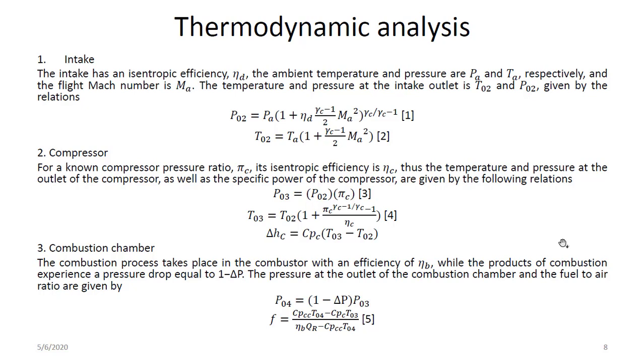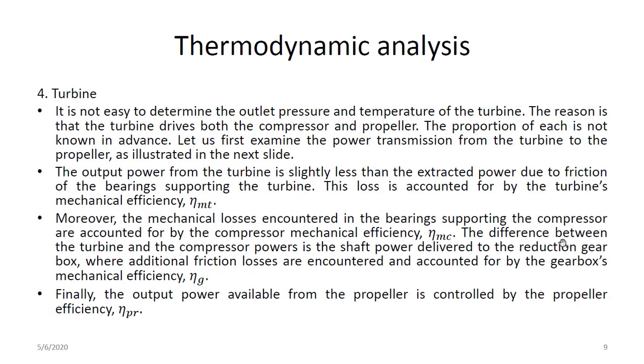Then if you do an energy balance in the combustion chamber, you can get the fuel-air ratio, which is given by this formula. I've just presented the formula because we've looked at this equation at great length in the previous topics, turbofans and turbojets.